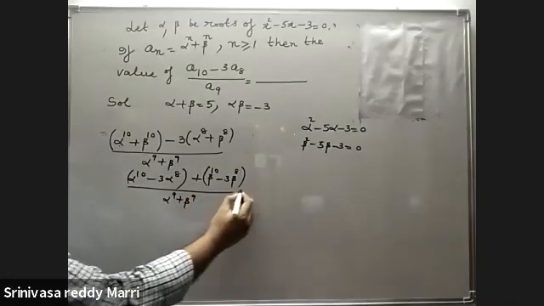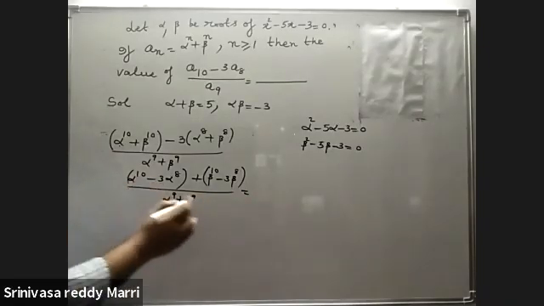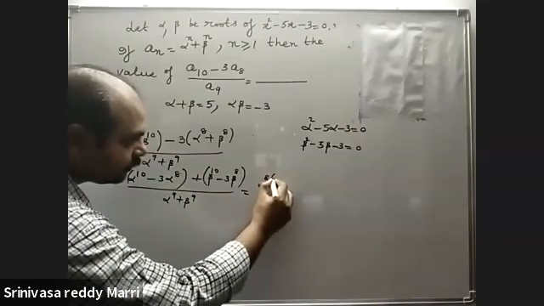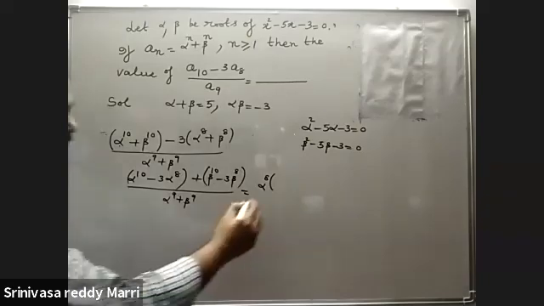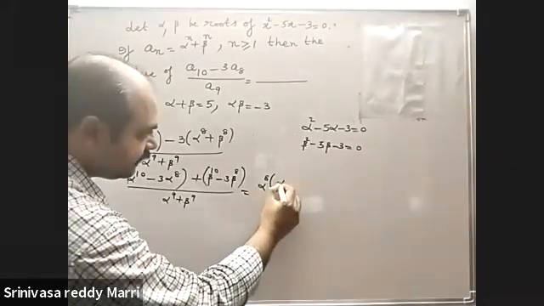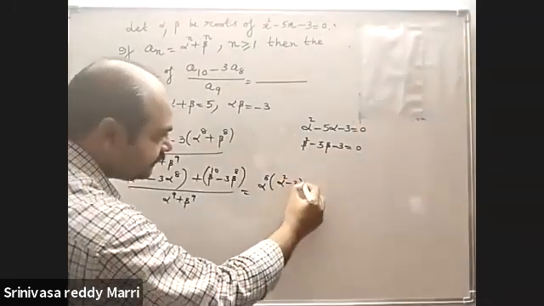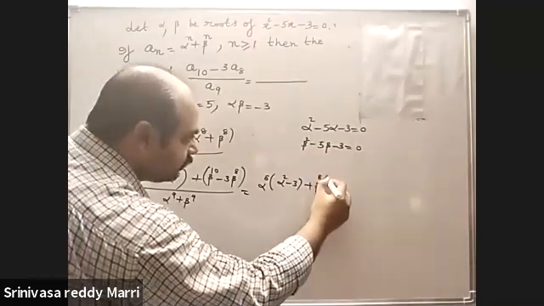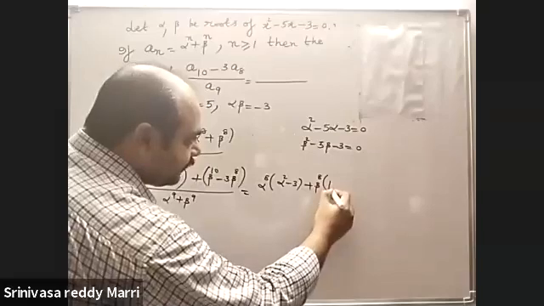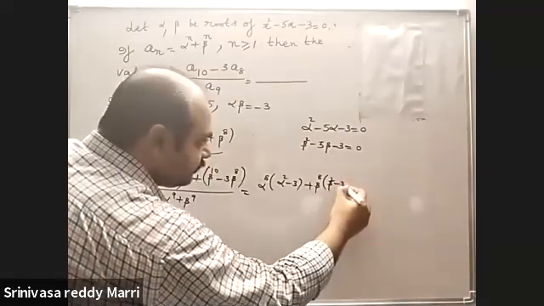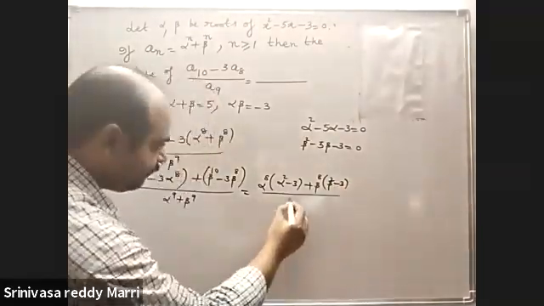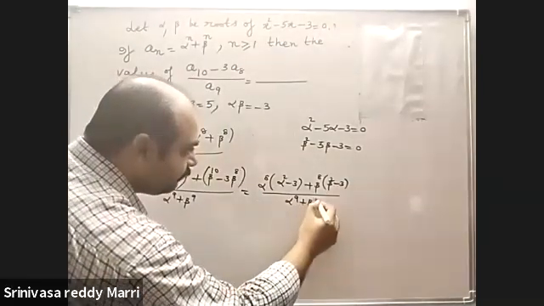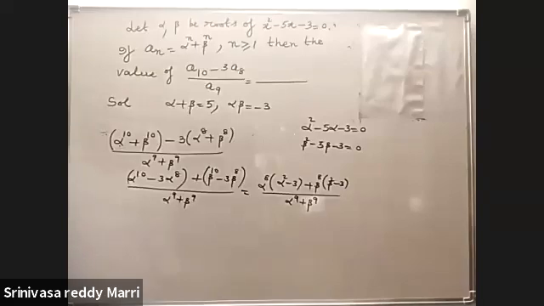So this is nothing but, here I can take alpha to the power 8 common. So you will get alpha square minus 3, plus beta to the power 8 common, you will get beta square minus 3, divided by alpha to the power 9 plus beta to the power 9.